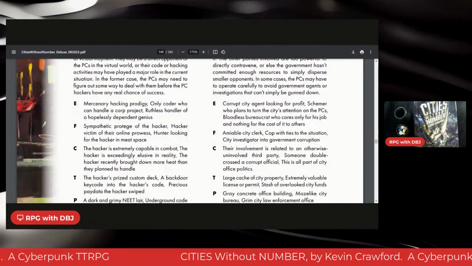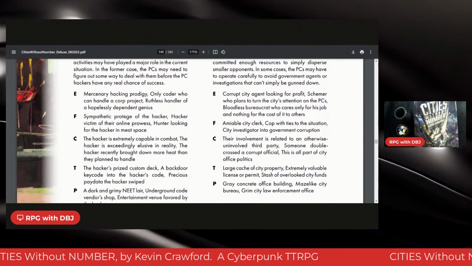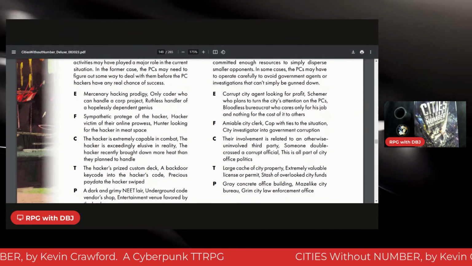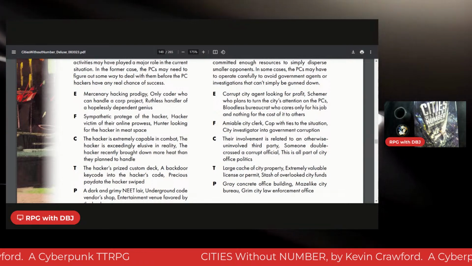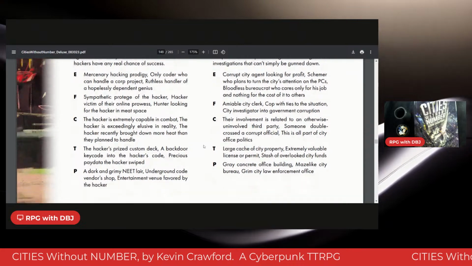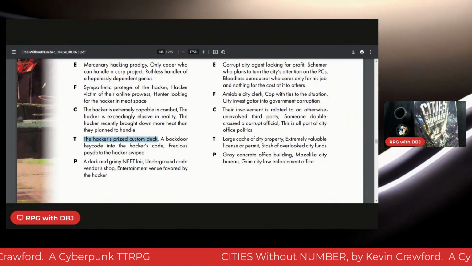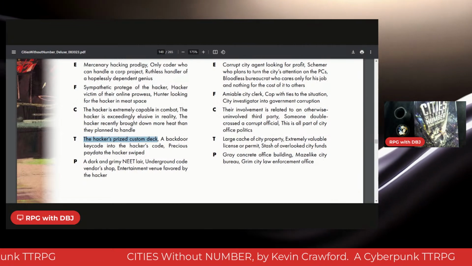And then there's a sympathetic prodigy. Down on C, the hacker is extremely capable in combat, or the hacker is exceedingly elusive in reality. Down for things, the hacker's prized custom deck, right? That could be an element in there.